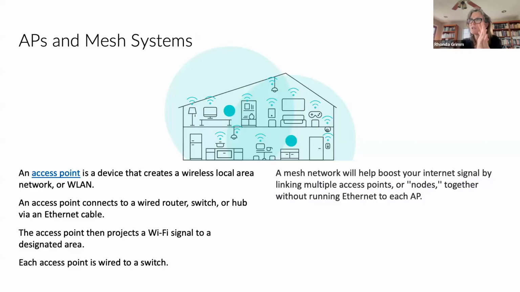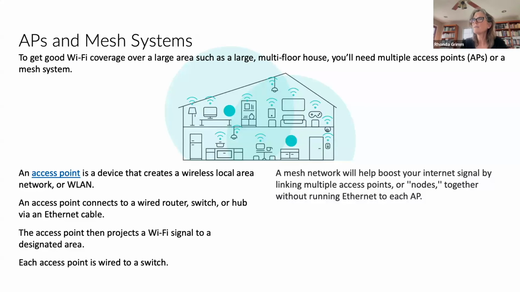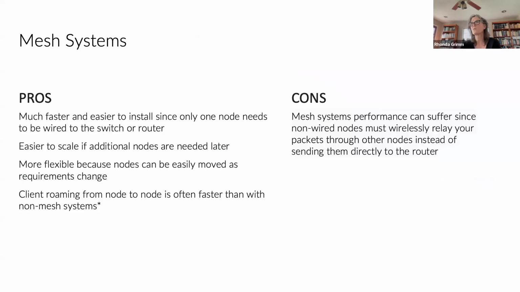A mesh is very convenient. Usually just one node of the mesh is connected to the switch, and all the others are wireless, so they don't have to be connected. They're great for covering large multi-floor houses and that sort of thing.